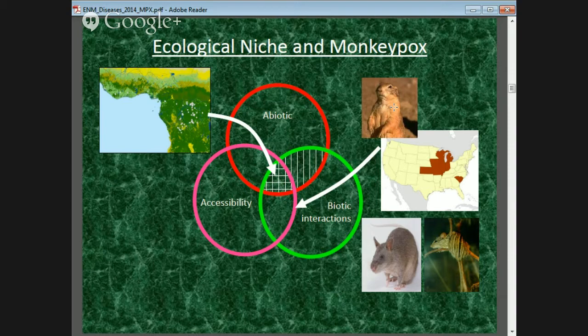They were infected by the other animals with monkeypox, and then these prairie dogs were sold as pets, and the people that got them as pets started showing up in hospitals with monkeypox.